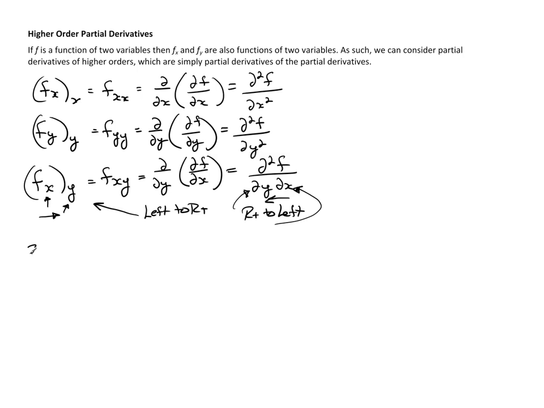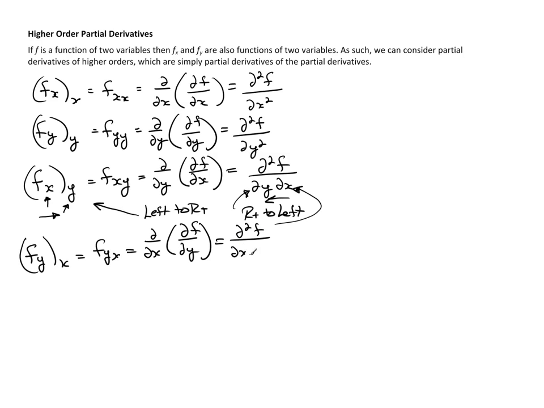Let's see, now using similar notation, I can take a look at the partial of y and take that with respect to x, which would be f of yx, which is the partial with respect to x of the partial of f with respect to y, which I would again write as this. There we go. So that should be no big surprise.